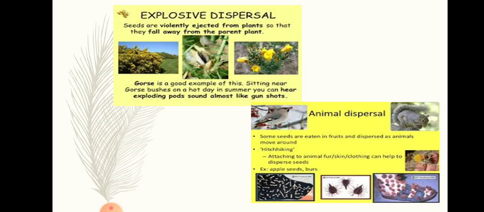So this is how the seeds are also dispersed, but this process does not transfer the seeds a long distance. The seed by explosion will fall at a small distance. It will not move towards a larger area. Examples of plants where the explosion method is used are pea, cotton, and bean plant. They scatter this way.